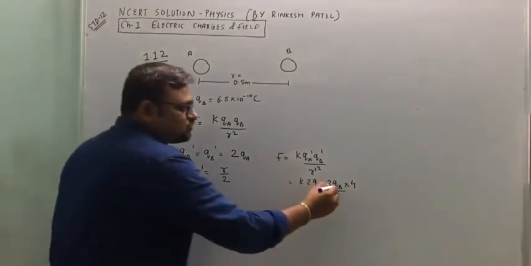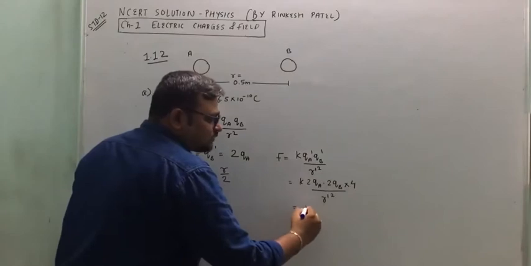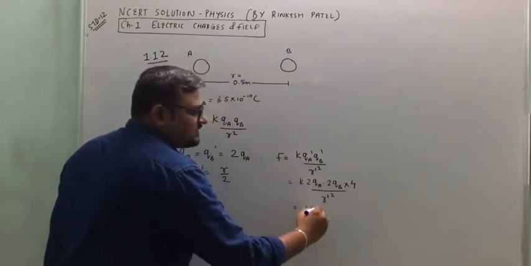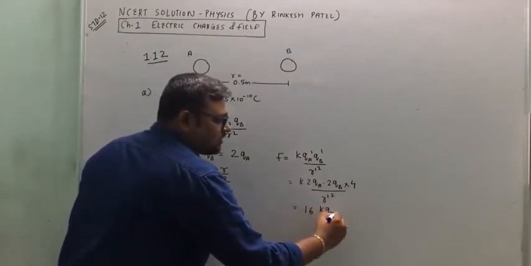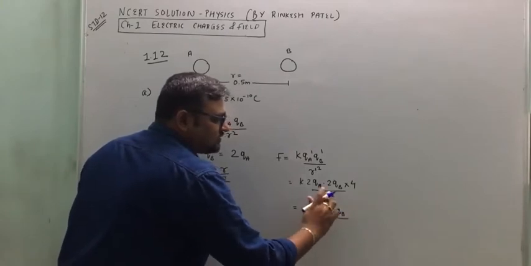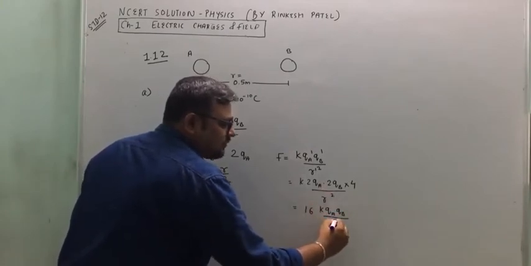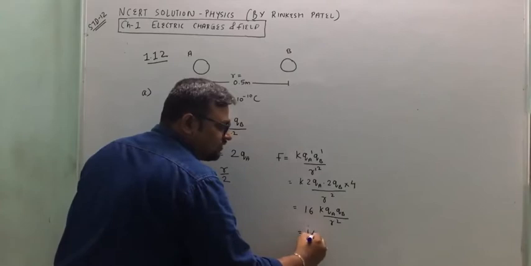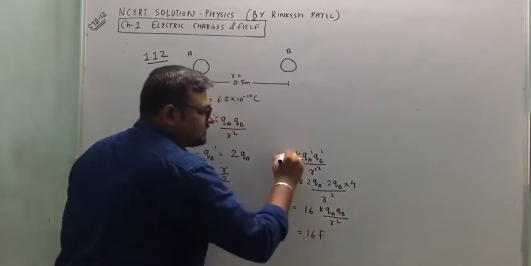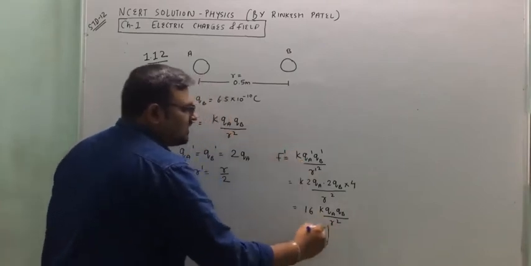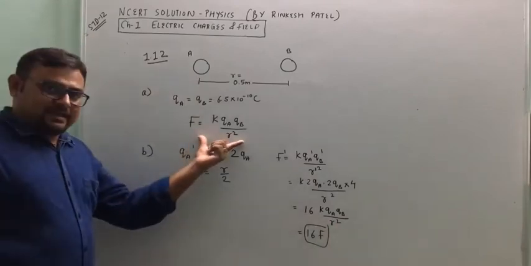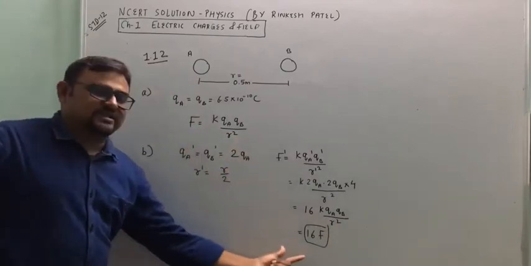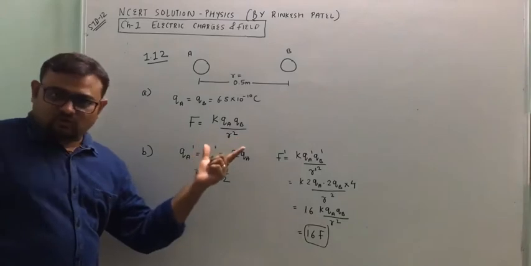So it's 2 into 2 into 4, which will be 16 times K QA QB upon R square. So this will be equal to 16 times F. Whatever answer you get in A, your second answer will be 16 times that.